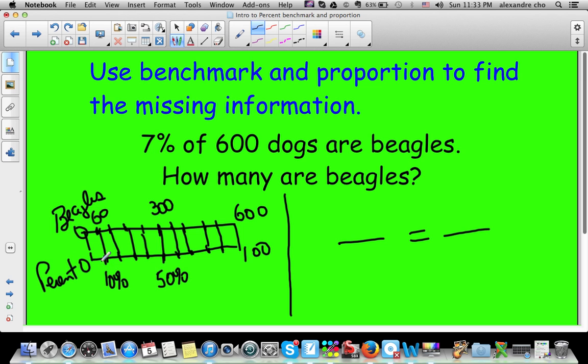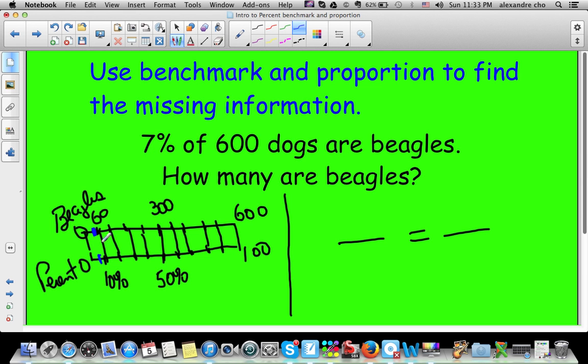We're not interested in 10%. We're interested in a little bit less than 10%. Let me change colors. And it will be somewhere around here. Okay? So I know it has to be a number less than 60. And here is a case where you can approximate.